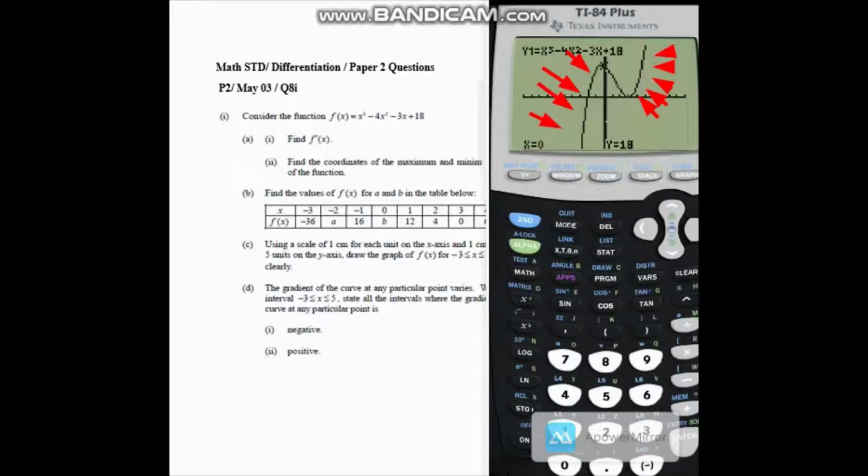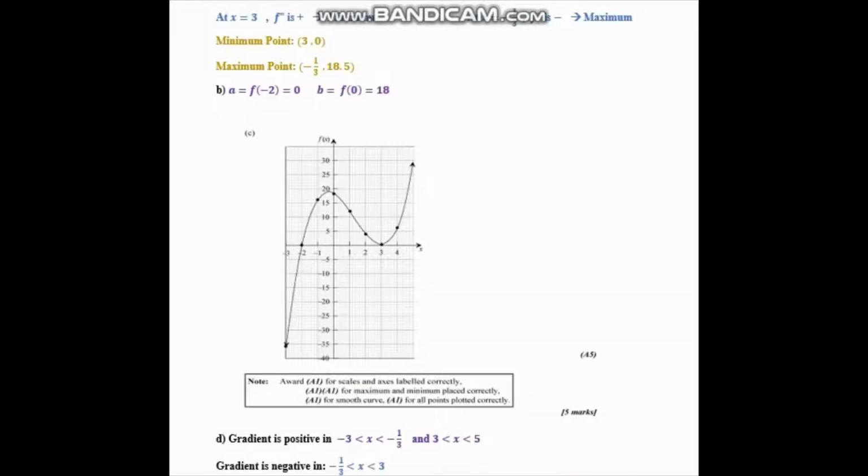And this part corresponds to x greater than 3. So there are my answers. The gradient is positive when x is less than -1/3 and all the way to -3. So there is my first interval, or after 3 and all the way to 5. There is my second interval. And it is negative from -1/3 up until 3, any point in this region.